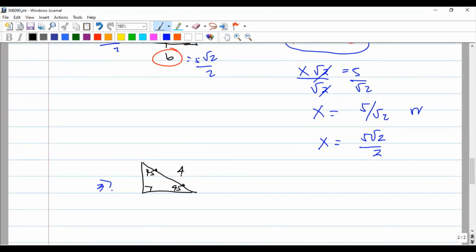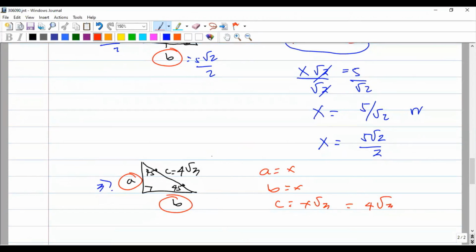This is our 4 square root of 3, the longest side, our A and our B. This is our C. So we're going to find the length of side A and side B. Again, A is equal to X, B is equal to X, and C is equal to X square root of 2, which is equal to 4 square root of 3.